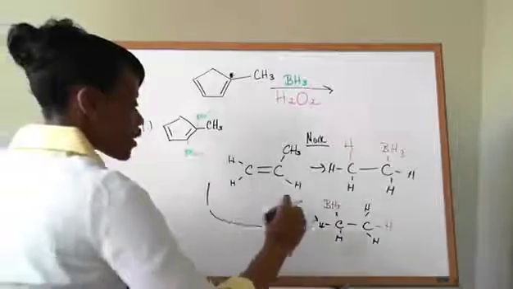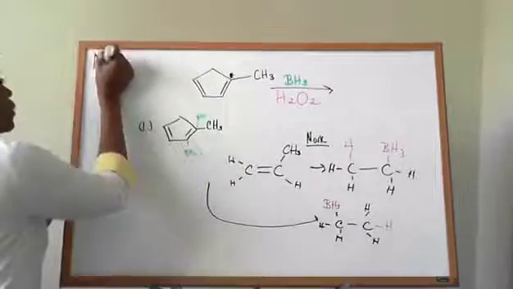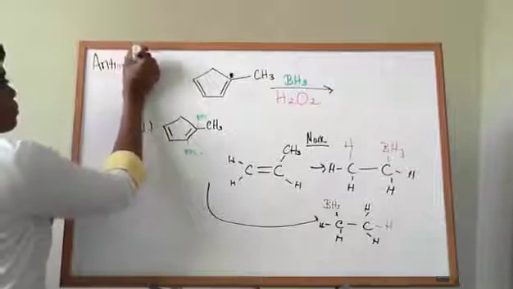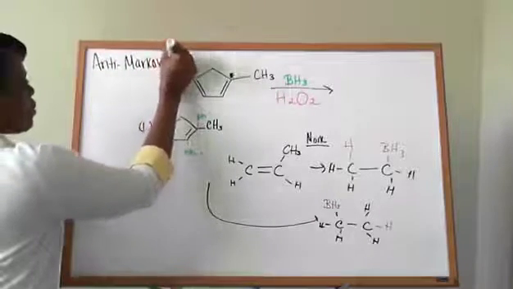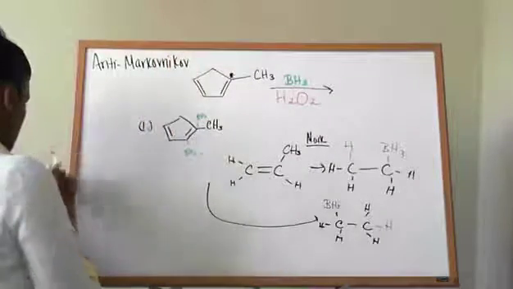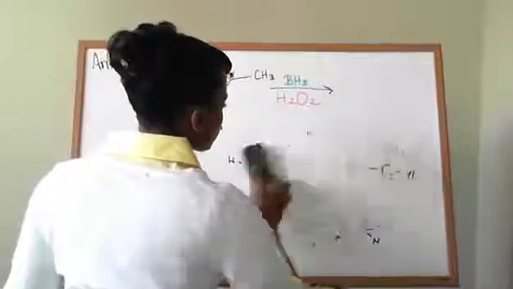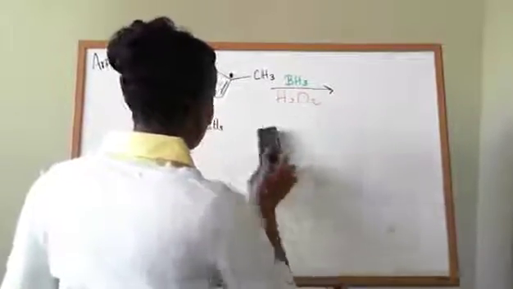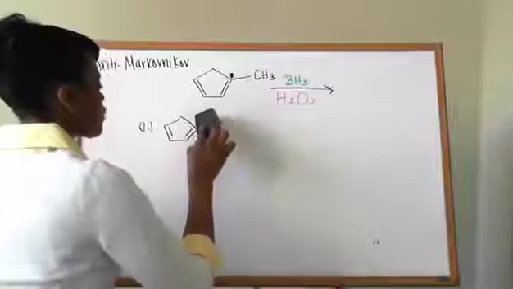So hydroboration produces the anti-Markovnikov product. We can now figure out what it is for our reaction.